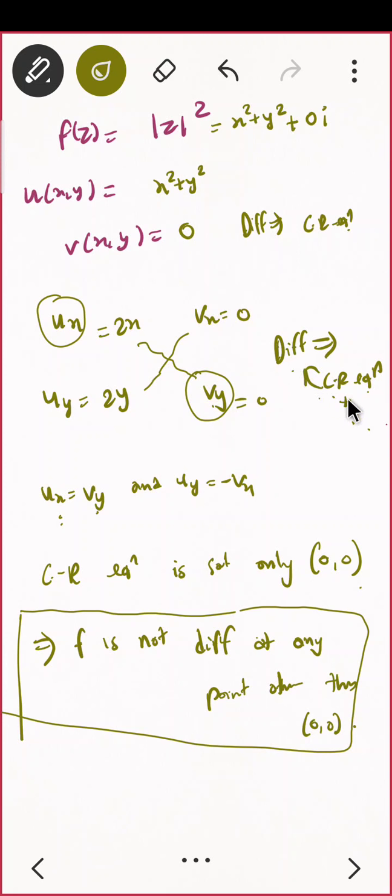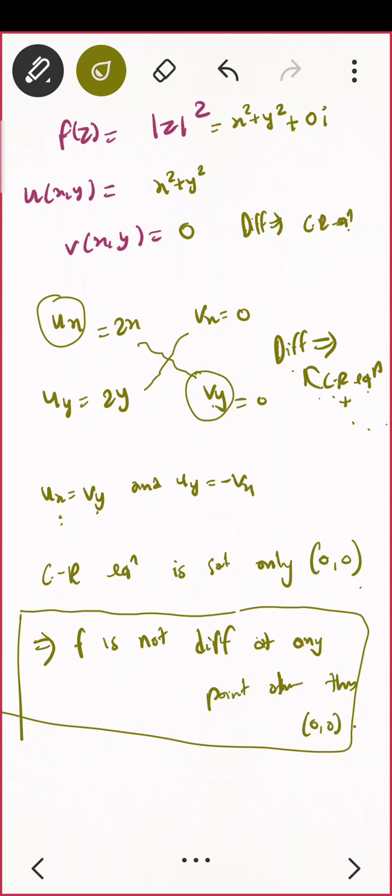I just want to go back. That means I want a sufficient condition for differentiability. The CR equation was a necessary part, necessary for me. If the CR equation is not satisfied, I will say not differentiable. But the CR equation is only the necessary part. Now I want a sufficient condition to say that if this is satisfied, then I can say the function is differentiable. Do you agree? Because only satisfying the CR equation is not sufficient to say that the function is differentiable.